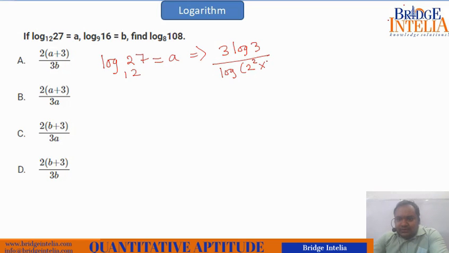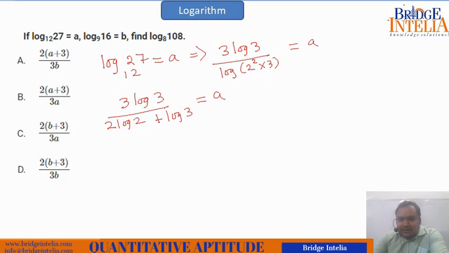So it is told to us that 3 log 3 whole divided by 2 log 2 plus log 3 is equal to A. Why 2 log 2? Because it is here 2 square, so the 2 will come out and act as a multiplication factor. So this is given to us.